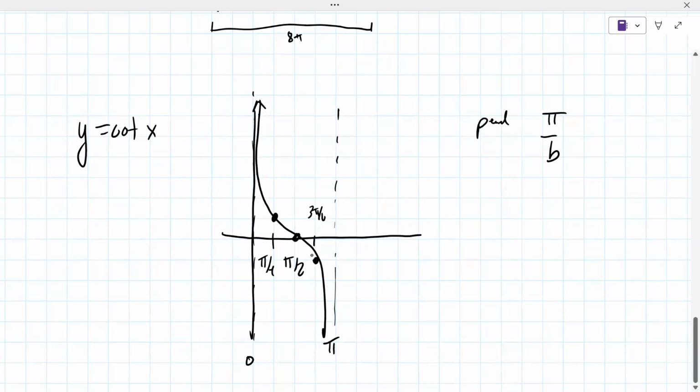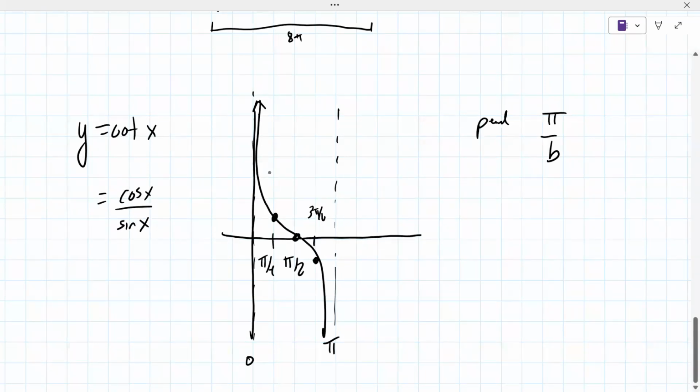Hopefully you saw that in class. Wait, why wouldn't it be on the y-axis like tangent was? Cotangent is cosine x over sine x.